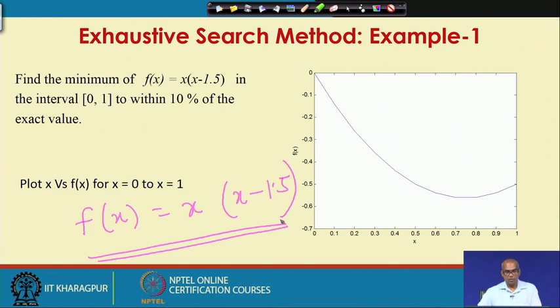Find out the values of the function at each of these x values and then plot f x versus x. So, if you look at the plot, you can see that a minimum exists between 0.7 and 0.8.